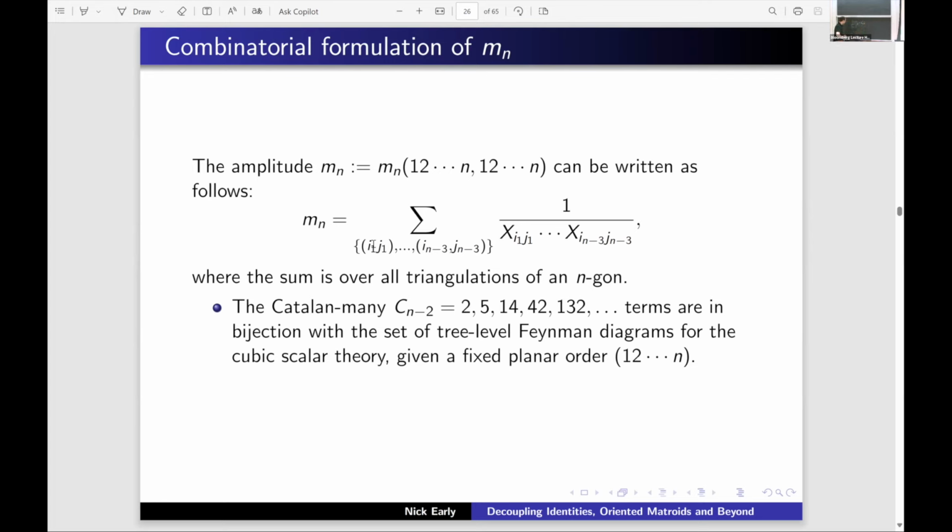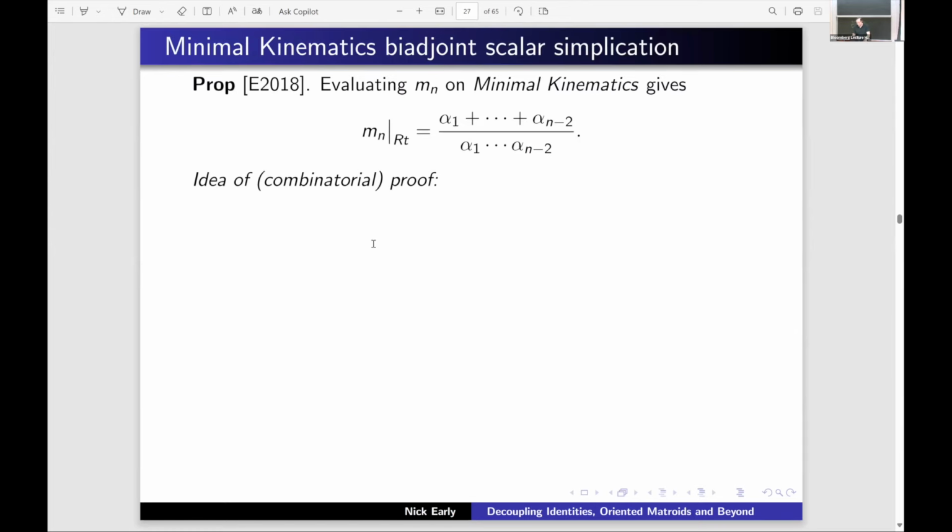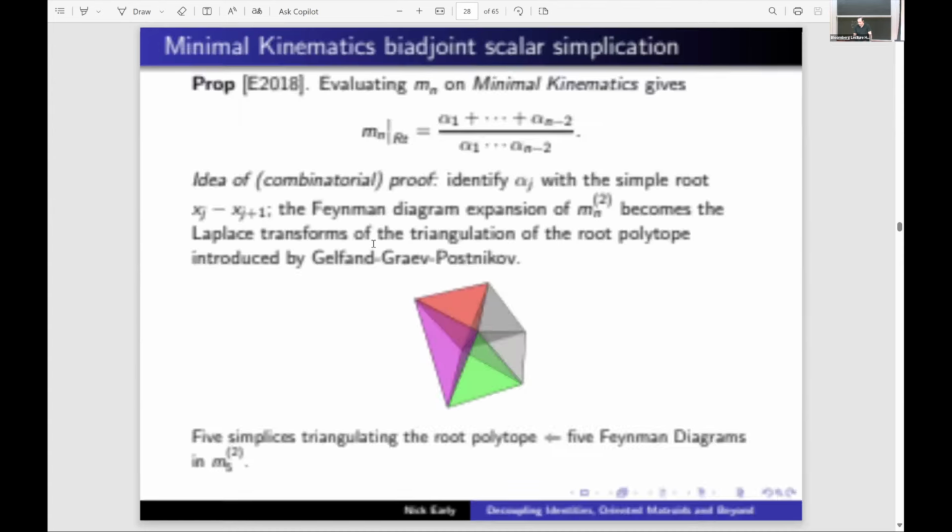That's pretty straightforward. And we have to sum over all such triangulations. So the idea is showing that when you impose those constraints on the Xijs, you get this simple formula.